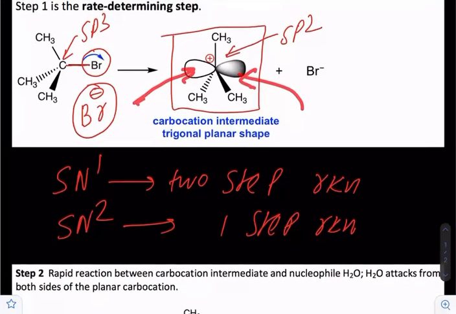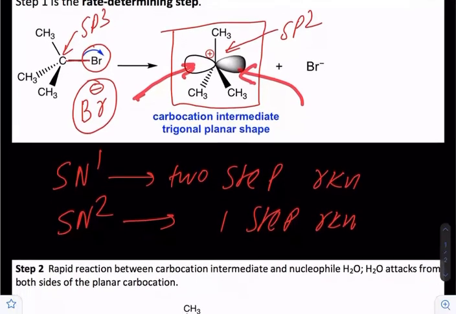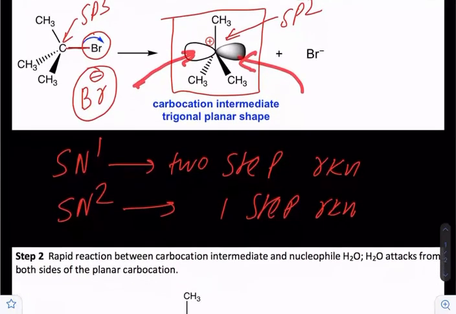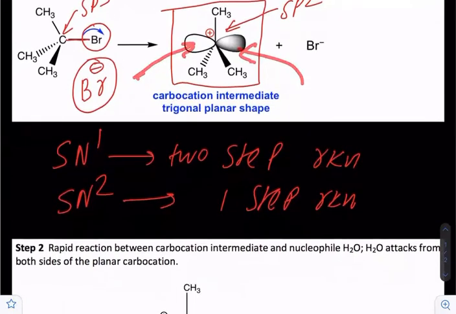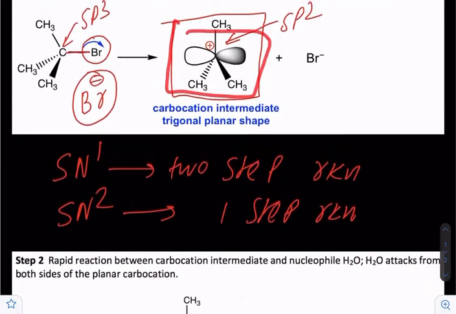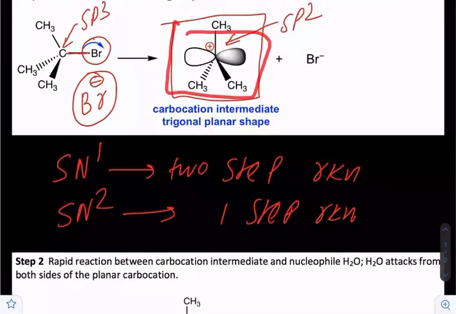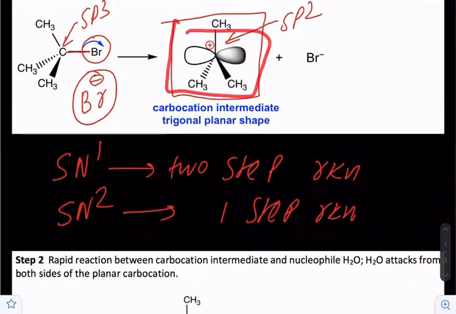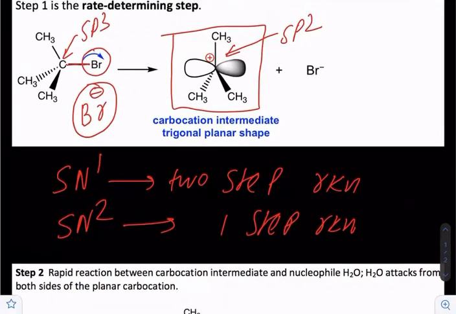Remember that anytime we have a reaction, it occurs because something is donating electrons from its highest occupied molecular orbital and putting them into the lowest unoccupied molecular orbital. In this case, we have a trigonal planar situation. The lowest unoccupied molecular orbital is the unhybridized remaining p orbital.